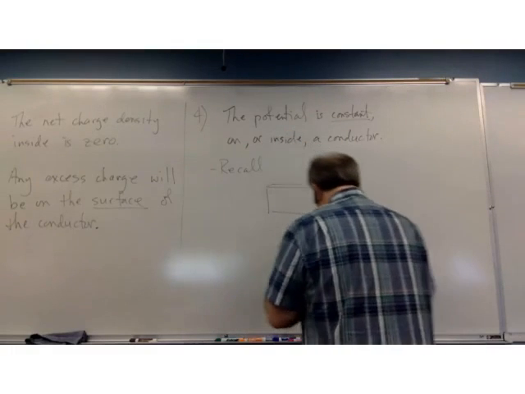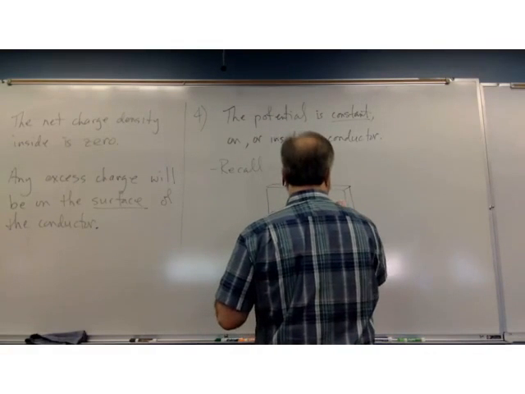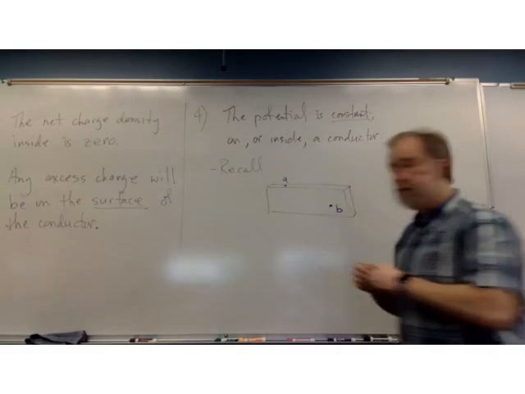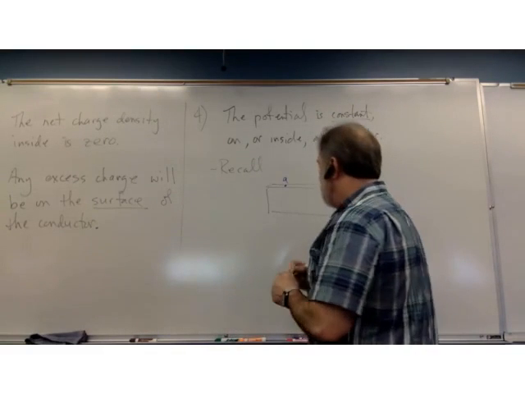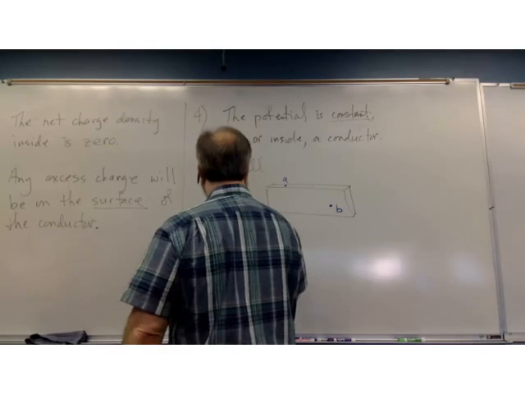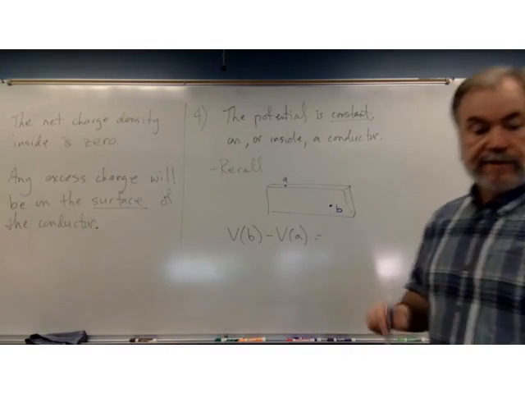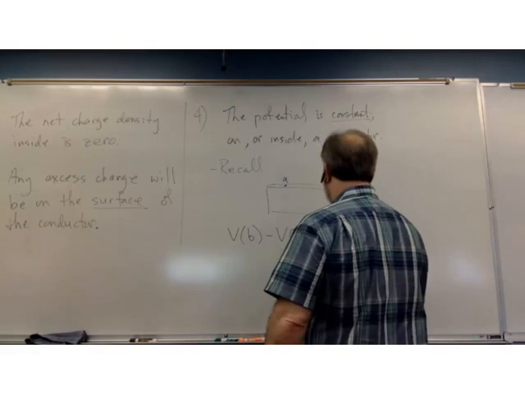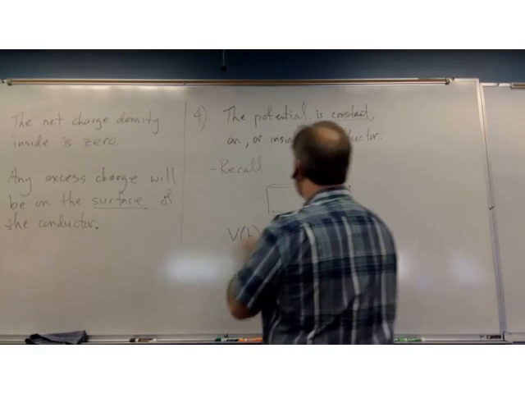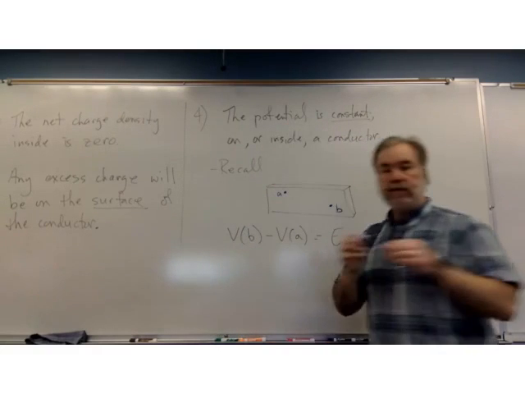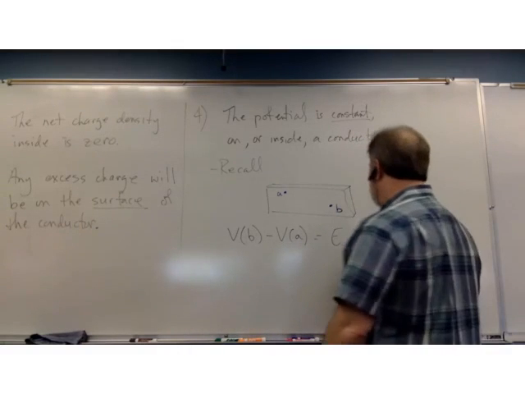Let's choose 2 arbitrary points, label them A and B. And I'll say the potential difference between points A and B is equal to, well, let me make it clear that points A and B are inside the copper slab, inside the conductor.